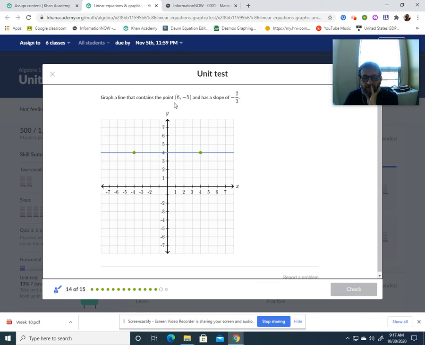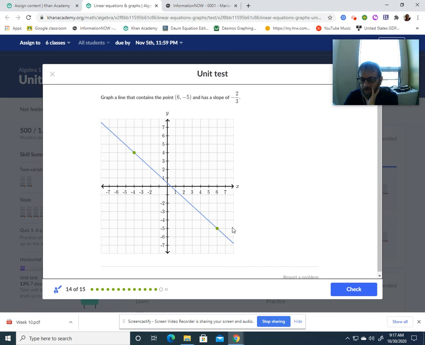Graph the line. Okay, so the first thing is it goes through the point 6, -5, right there. Now, the hard part about this is it has a negative slope and it wants to plot a point 3 units to the right of that. Well, I can't, it's not on the picture. So they're making me actually have to do this backwards.